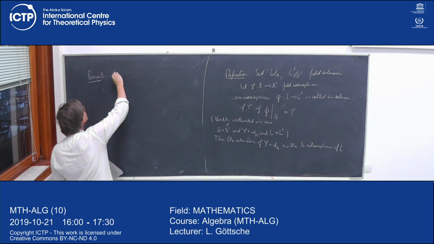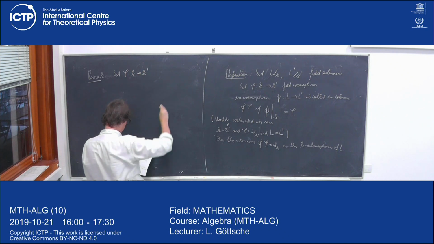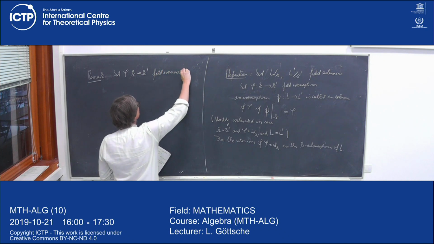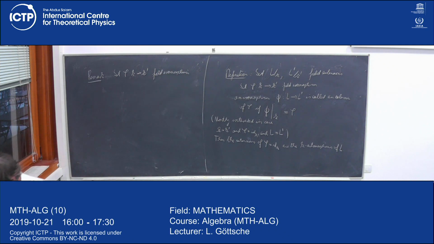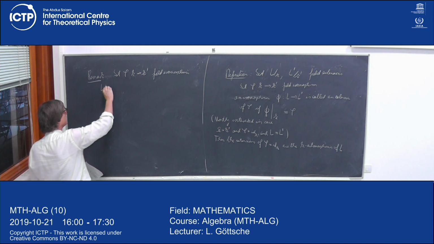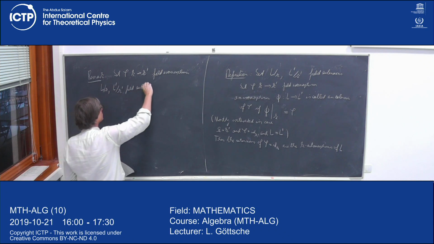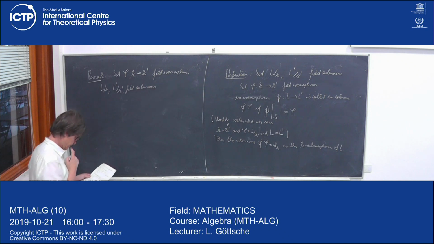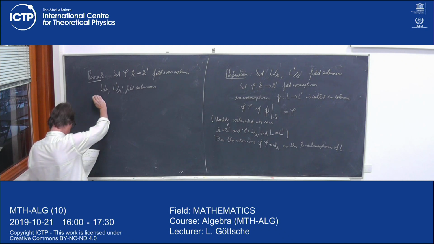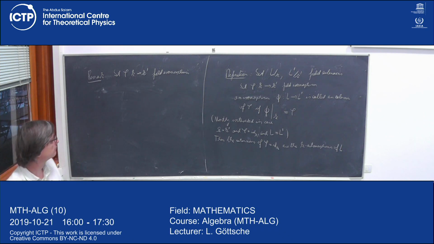If phi from k to k prime is a field isomorphism, and I take L over k and L prime over k prime field extensions, so I assume I have this field isomorphism.